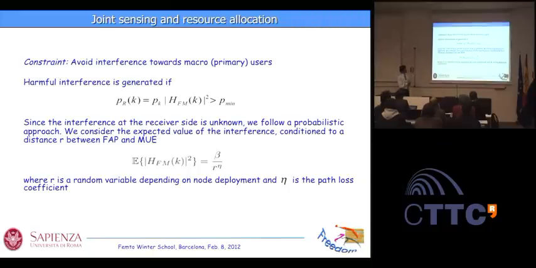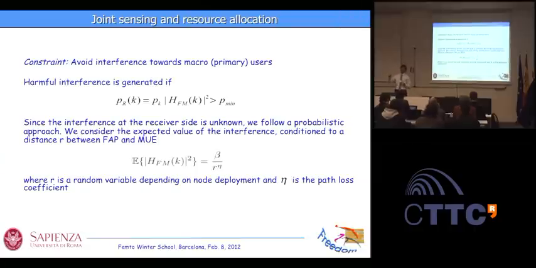So what we say is the following. For any given distance, let's suppose that someone tells me the distance between the femto and the macro user. Let's call this distance R. Let's suppose for now that we know it. For that given distance, I may assume, for example, that the multiple paths are statistically uncorrelated.